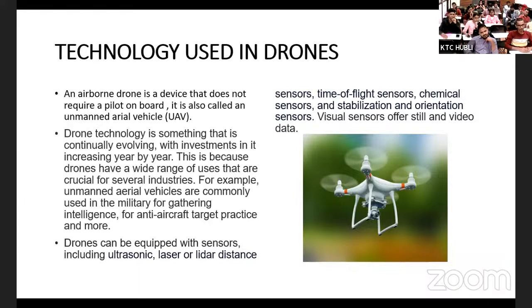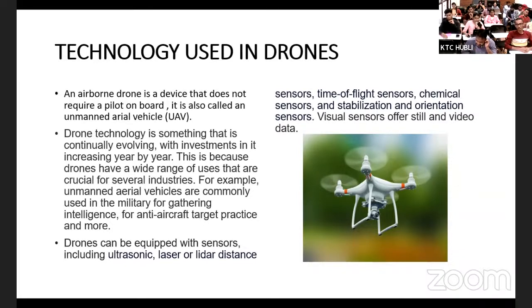This is because drones have a wide range of uses that are crucial for several industries. For example, unmanned aerial vehicles are also used in the military for gathering intelligence, for anti-aircraft target practice, and more.